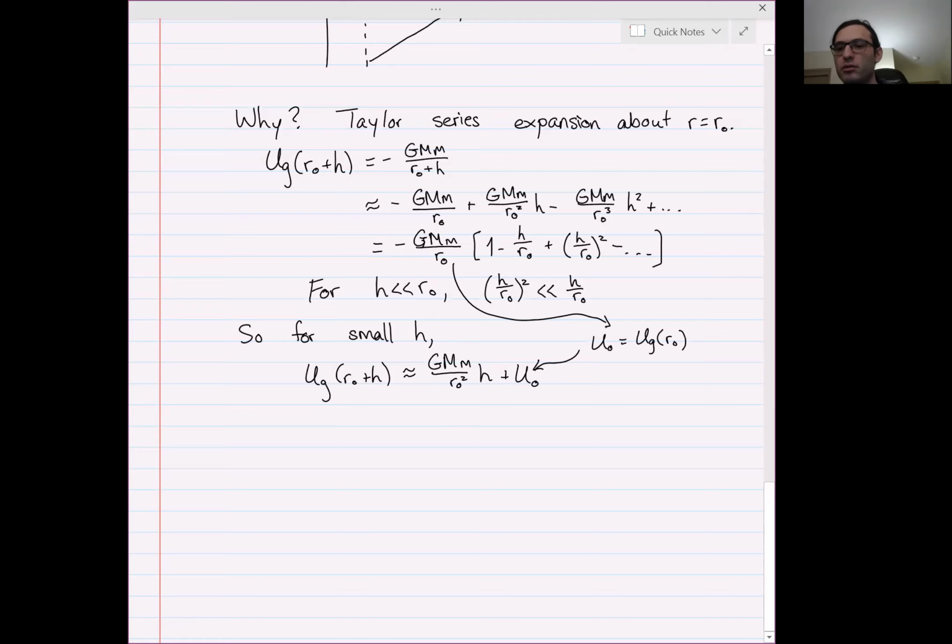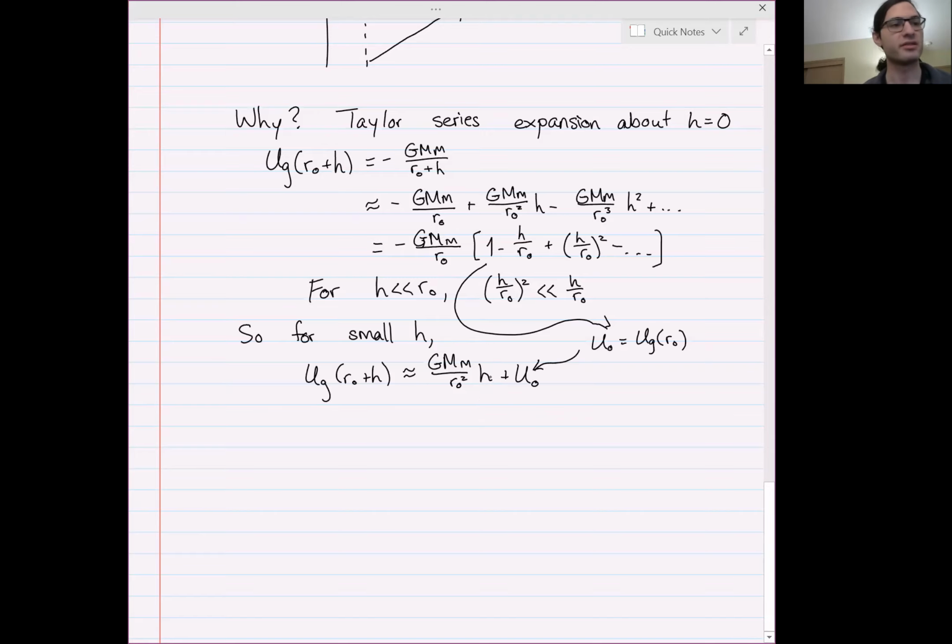Let me rephrase: expanding r about r naught and expanding h about h equals 0 are the same thing, but they do have different syntactic meanings. So let me be more specific. You take the constant term, you shove that into a U naught, which we'd never care about. And then the non-constant term, the first term of the Taylor series, is this guy.